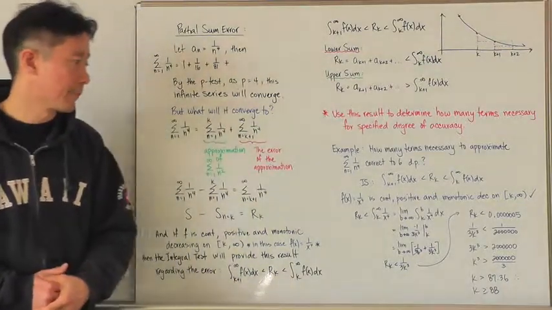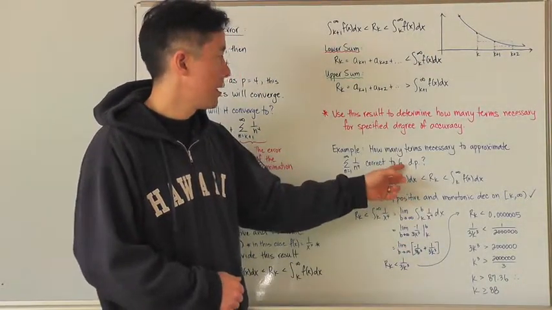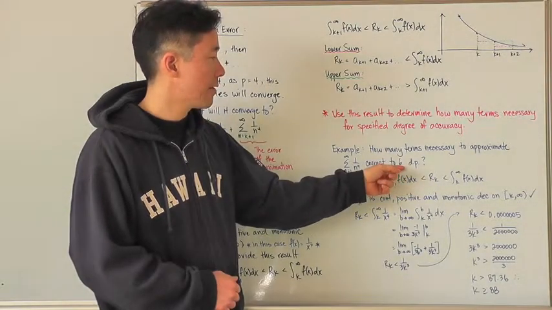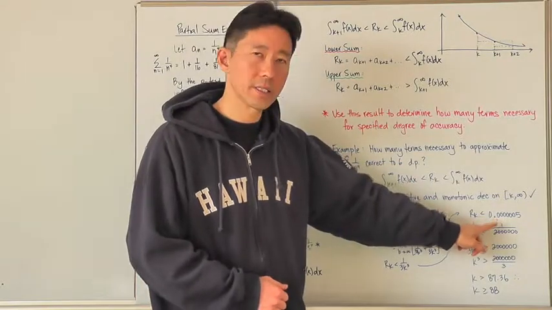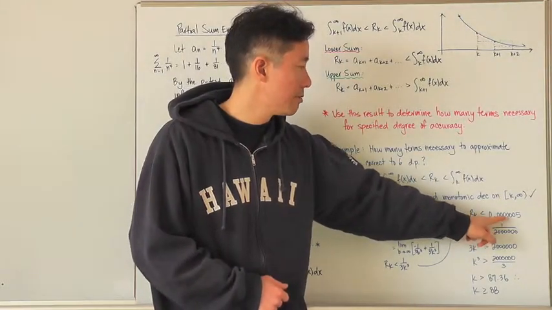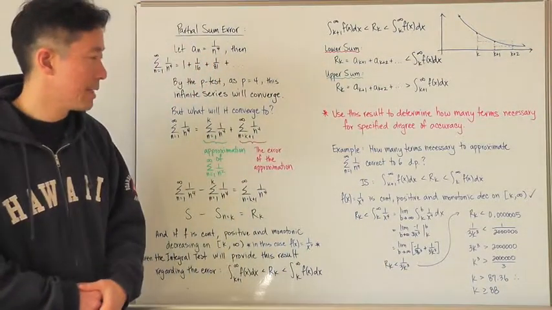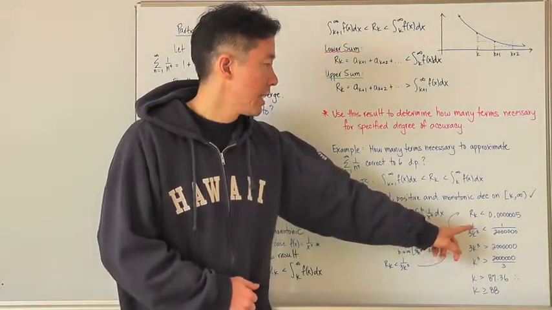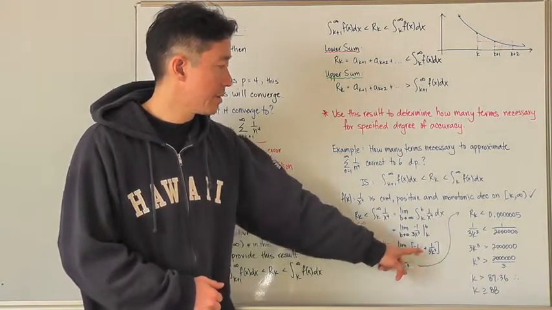Now, I want this to be less than the amount of error that I can possibly have, which is going to be 6 decimal places. Notice 6 decimal places is going to have 1, 2, 3, 4, 5, 6 zeros, and then 5 in the 7th decimal place. And then I know that r sub k also has to be less than 1 over 3k to the 3rd.